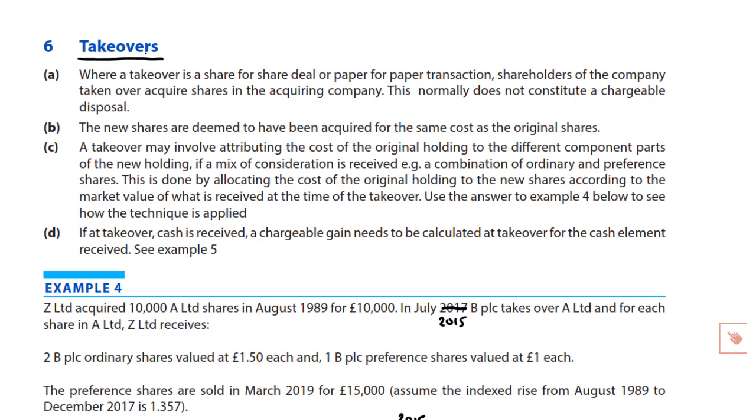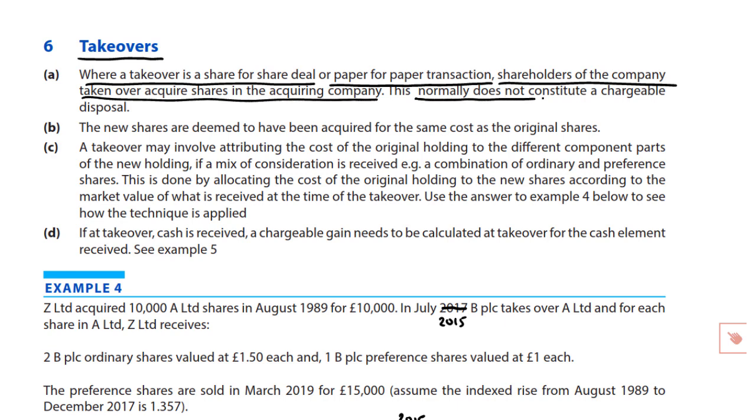So how do we deal with this? Let's remind you, therefore, of what might happen in terms of a takeover, certainly the takeover that you would have to deal with in any examination question here. Where we have a takeover, we're going to see a share-for-share deal, sometimes known as a paper-for-paper transaction. Shareholders of the company taken over acquire shares in the acquiring company.